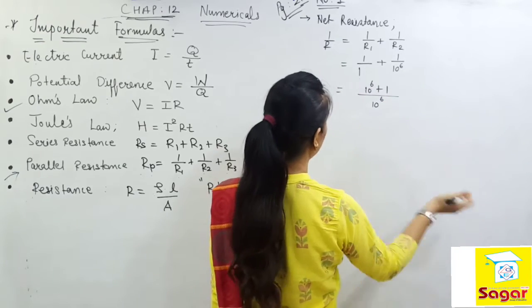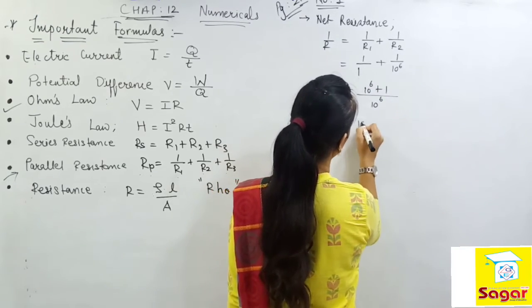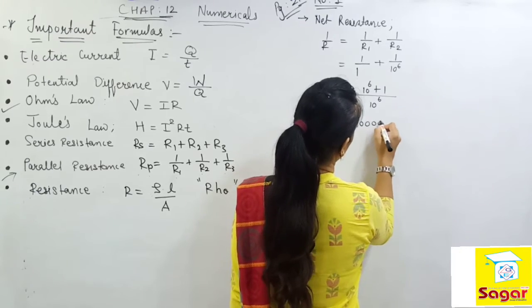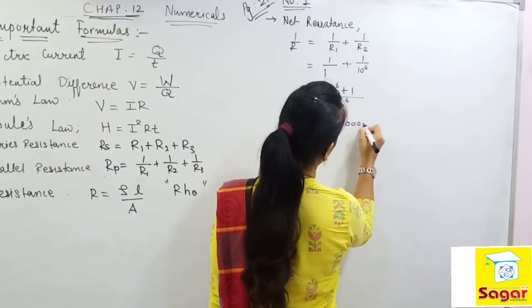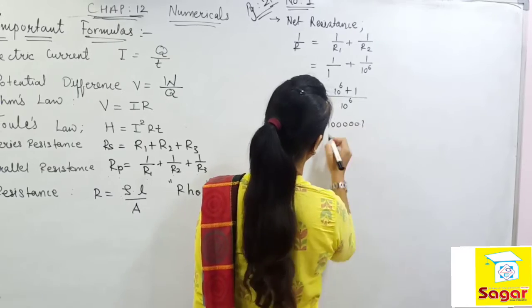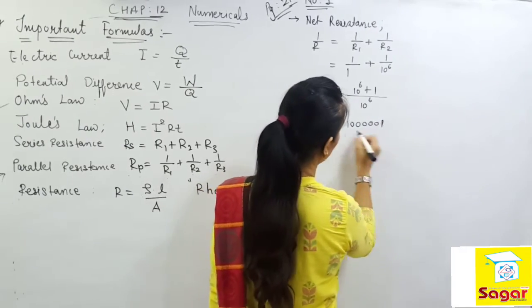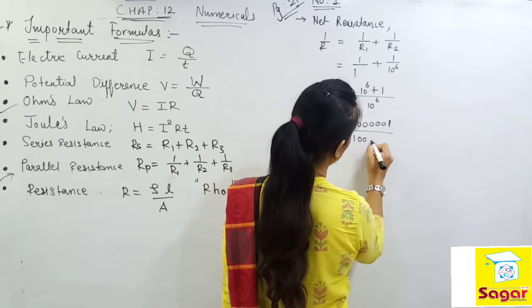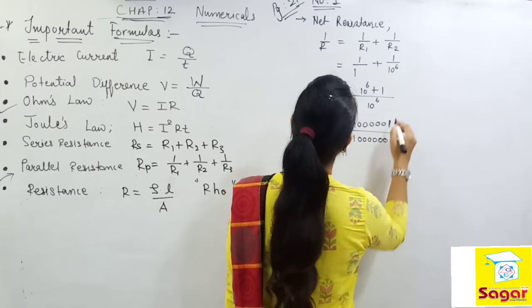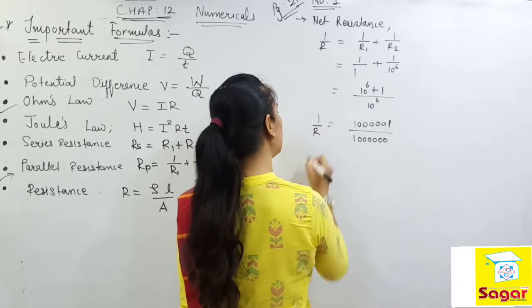So if you expand these numbers, you will get 1000001 divided by 1000000. This is what you are getting for 1 upon R's value.